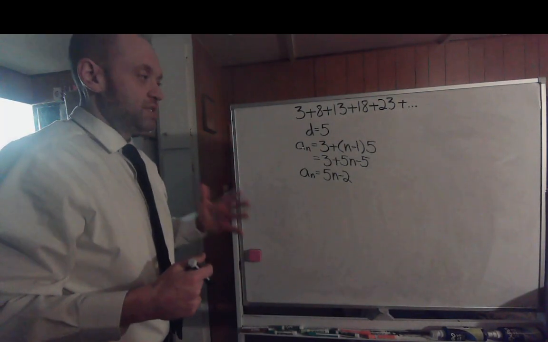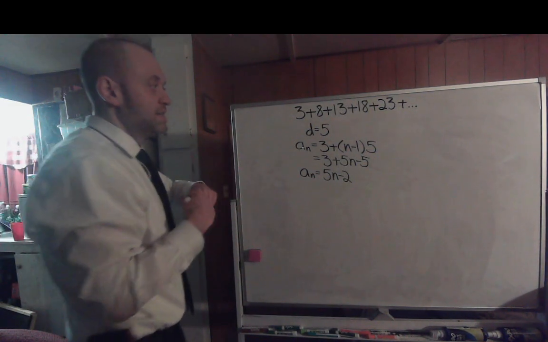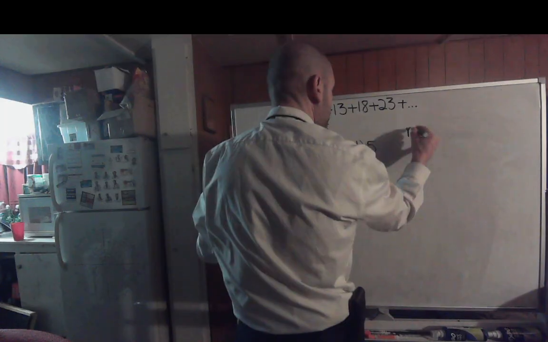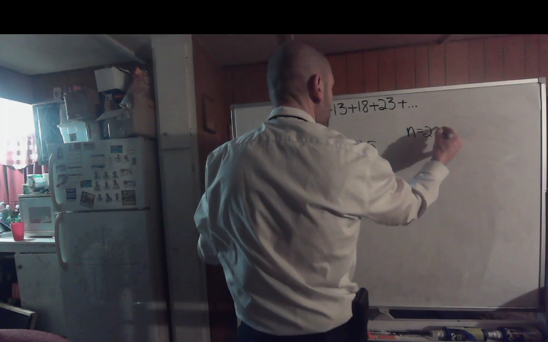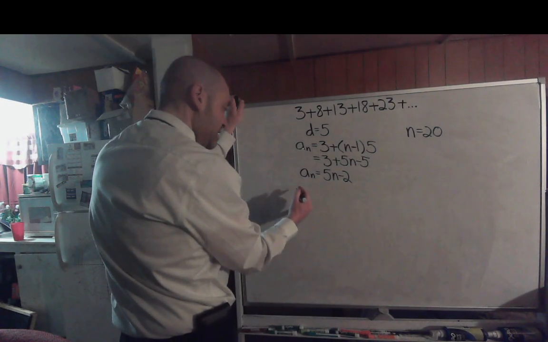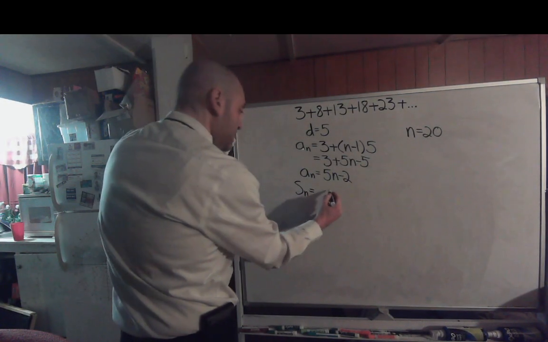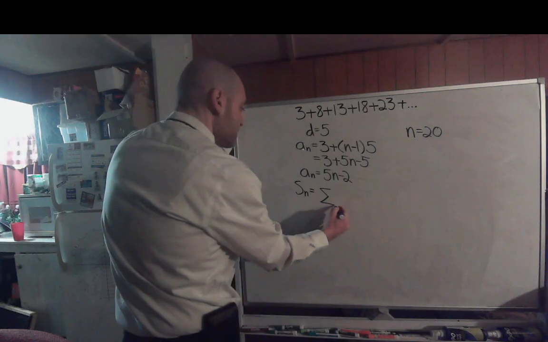So we have the term now for the sequence. Now we need to put this into a series. And for this series, in this case, we want to find the sum of the first 20 terms. So n will equal 20. If we remember for the sum, that would be your sigma notation for the sum.